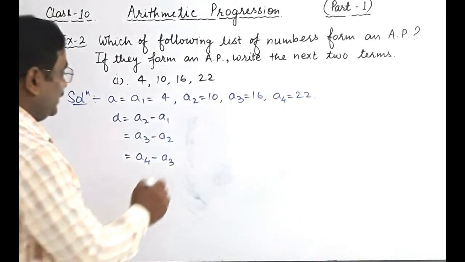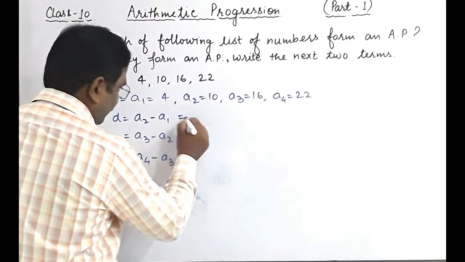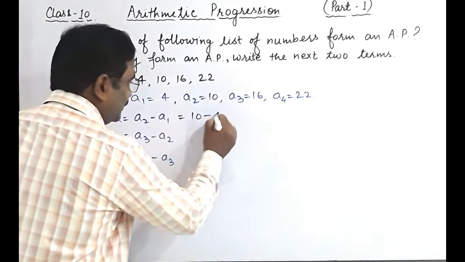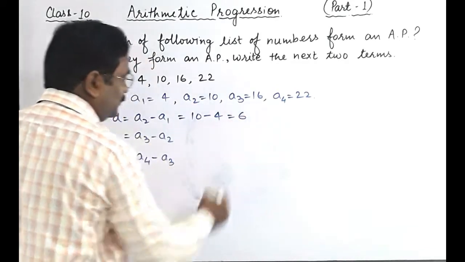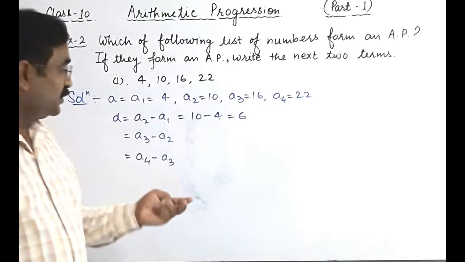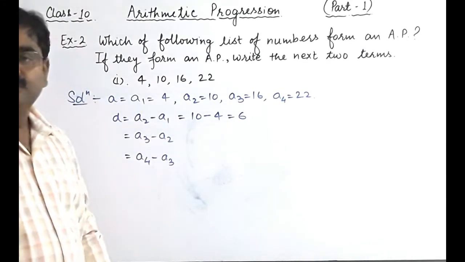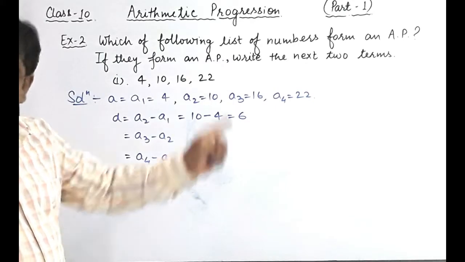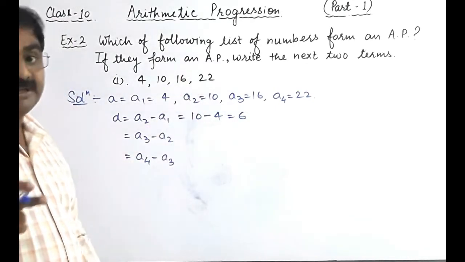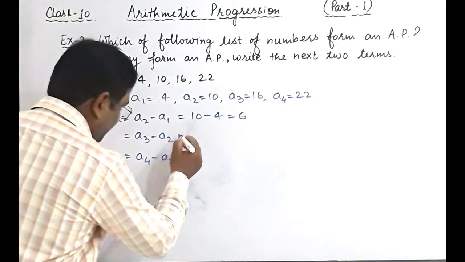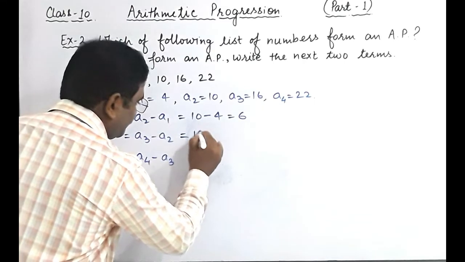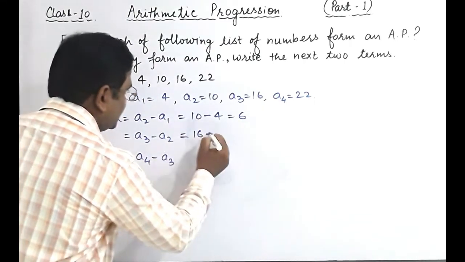So let us find a2 minus a1. The value of a2 is 10 minus a1, which is 4, equals 6. It means the common difference came out as plus 6. Then the second one, a3 is 16 minus a2 is 10.